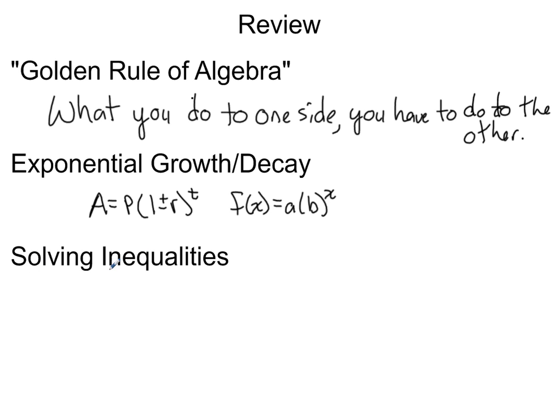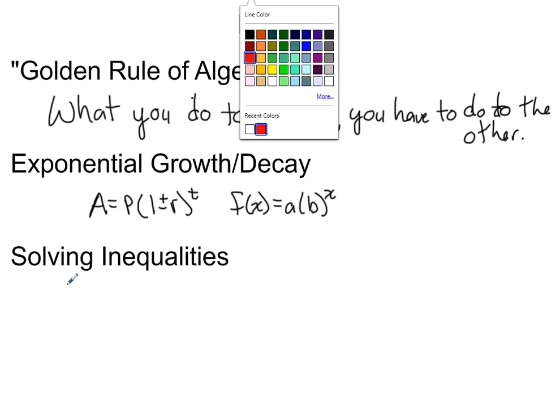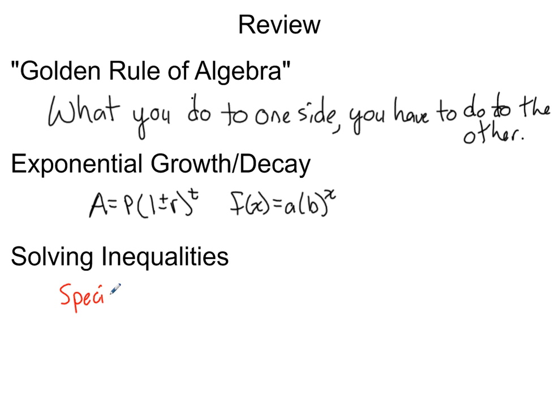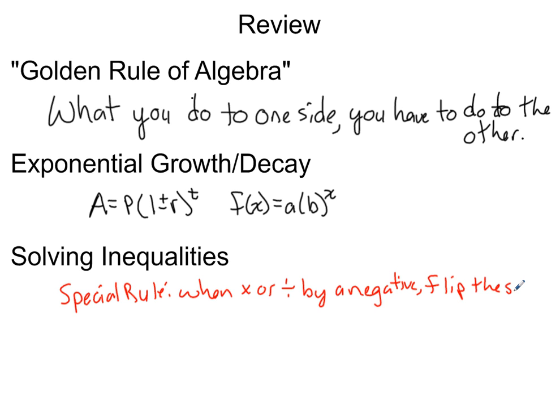Now, in solving inequalities, they're exactly like solving equations with one special rule. The special rule for solving inequalities is if you multiply or divide by a negative, you're going to flip or change the sign.